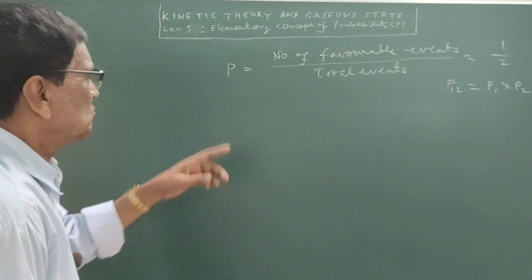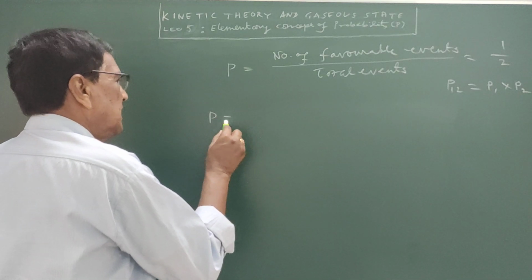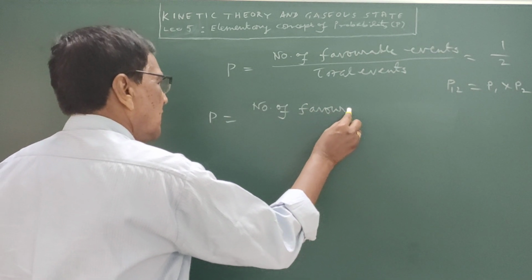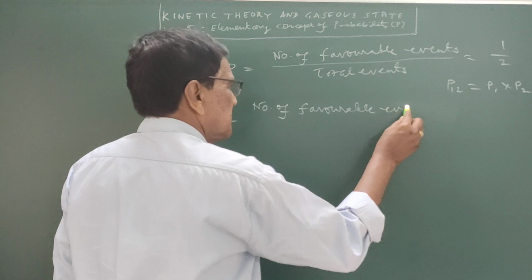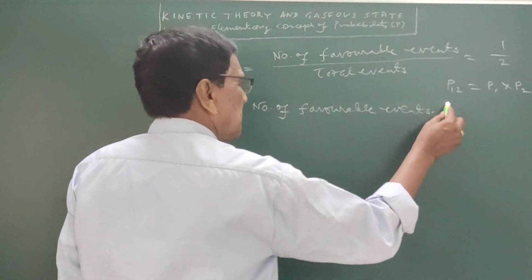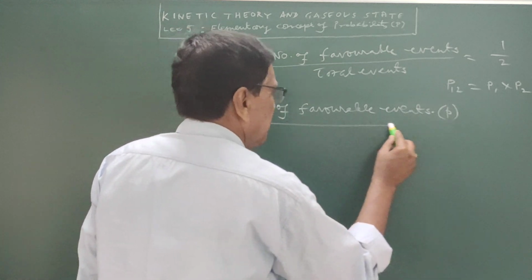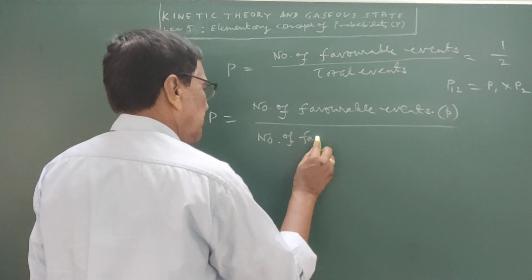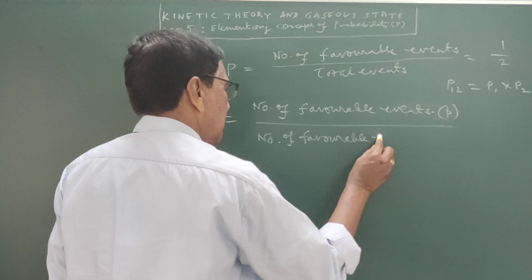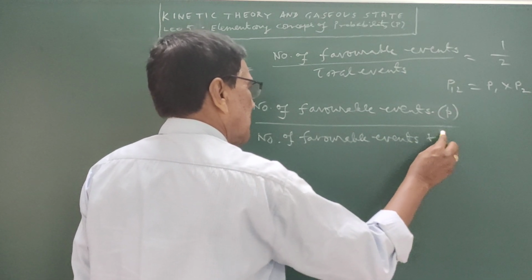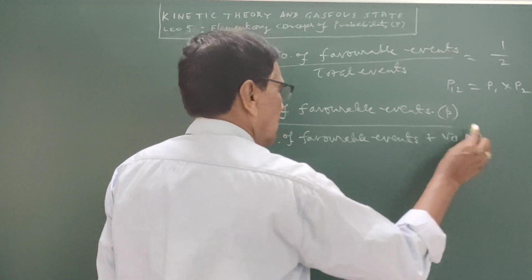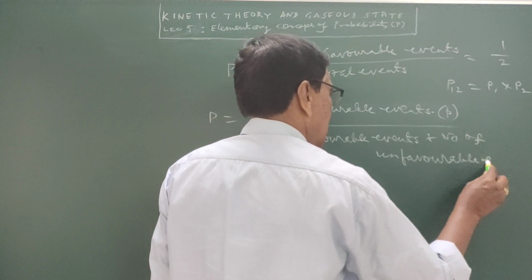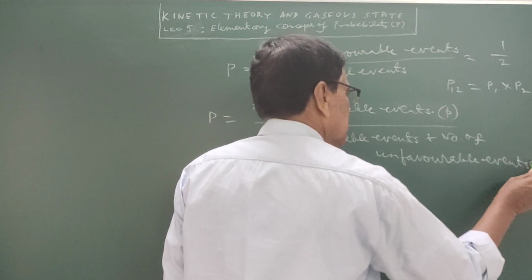However, probability is also defined as the number of favorable events, suppose small p, divided by the number of favorable events plus the number of unfavorable events q.